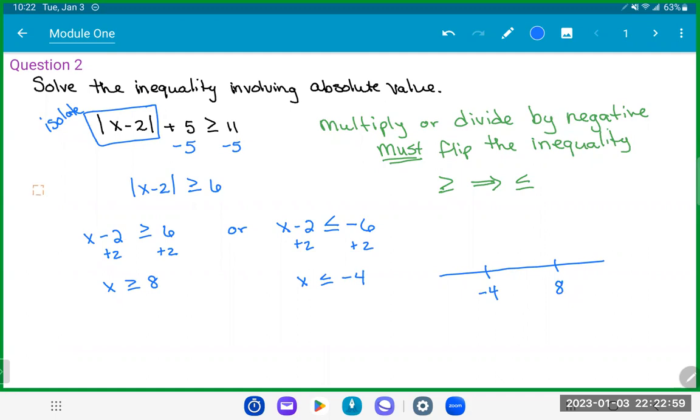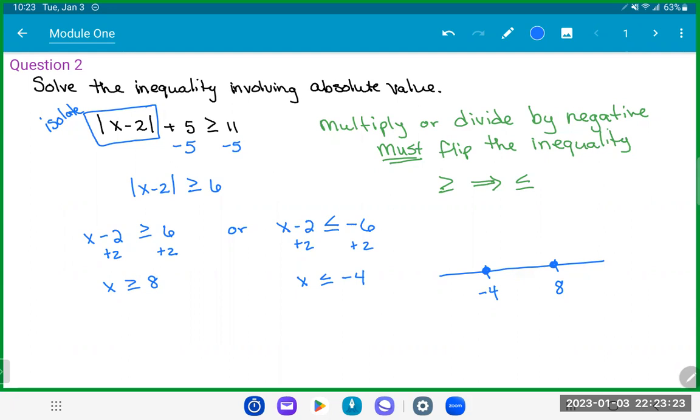Because this problem has an equals with it, I'm going to put a solid dot on each of these. That means that number is included in the solution set. If it was strictly less than or strictly greater than, I would put a hollow dot, and in interval notation I would use a parenthesis instead of a bracket.